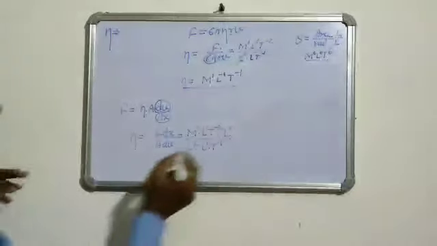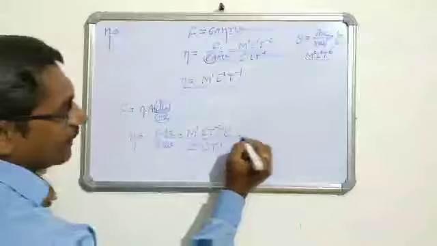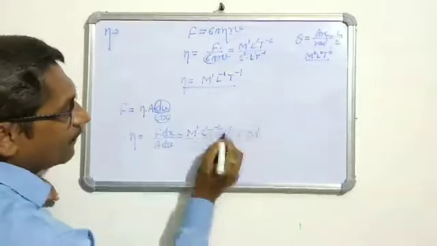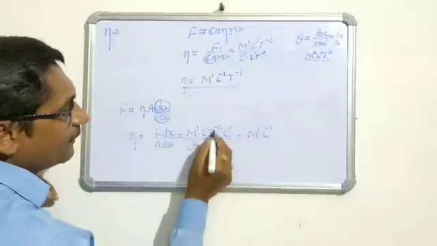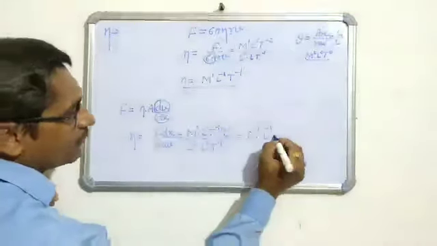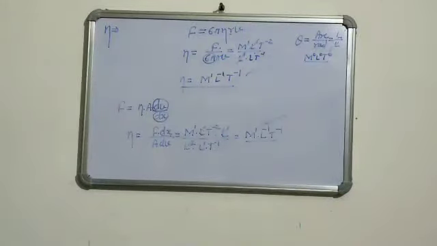So L1 and L2 cancel. Now we get M1, and here L goes in the denominator, so it is L minus 1, and T goes in the denominator, so it is T minus 1. That's why the dimensional formula in both cases is the same.